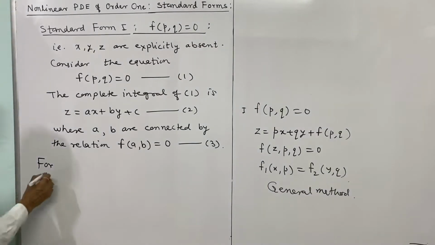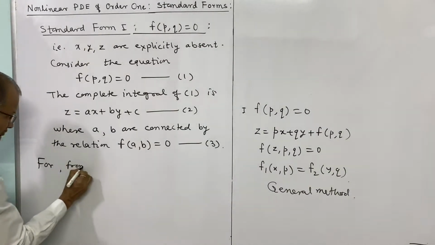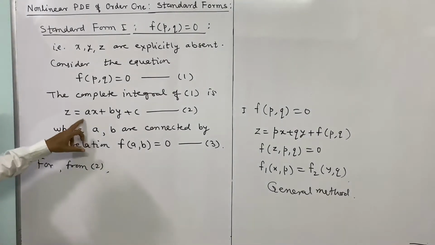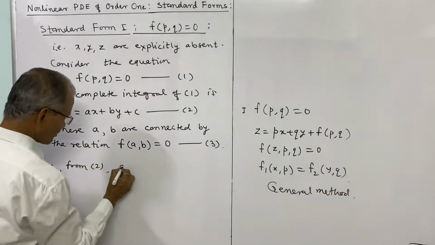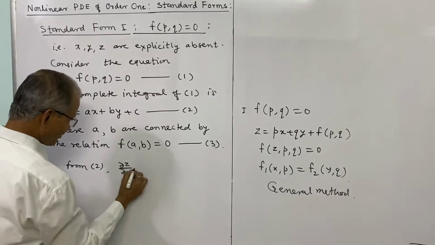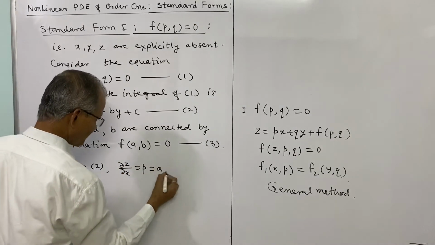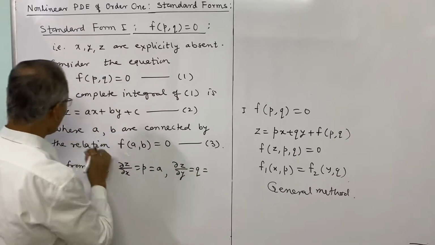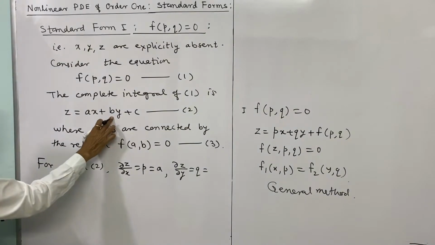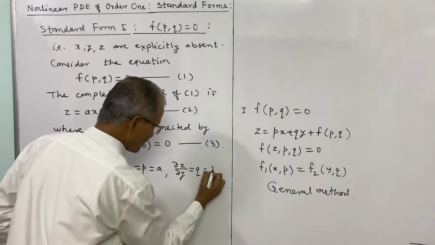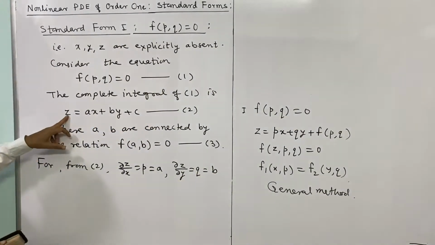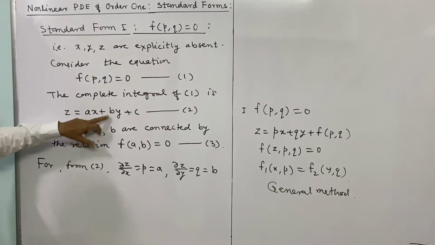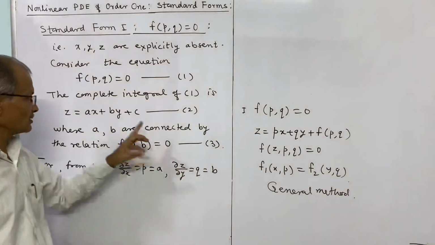From 2, if we differentiate z partially with respect to x, then the partial derivative of z with respect to x, which we denote by p, is a, and the partial derivative of z with respect to y, which we denote by q, is b.